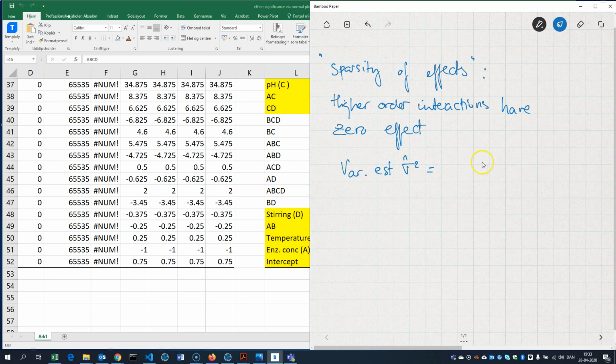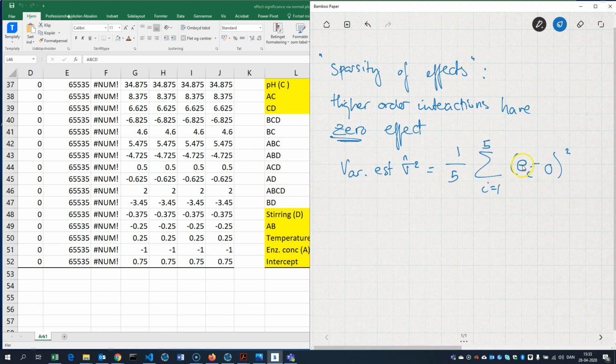And that would be the sum of the higher order effects, I'll call them E for effect, minus the mean, which we assume to be 0, squared, divided by 5, because we have 5 of them. 1, 2, 3, 4, 5.